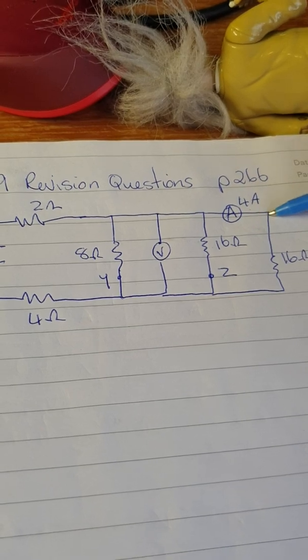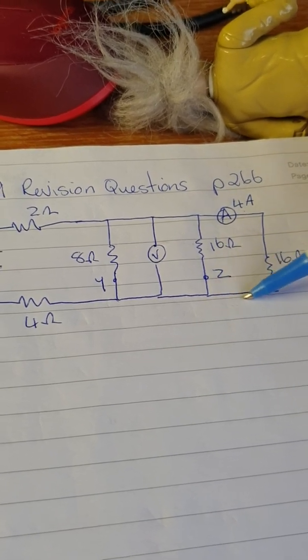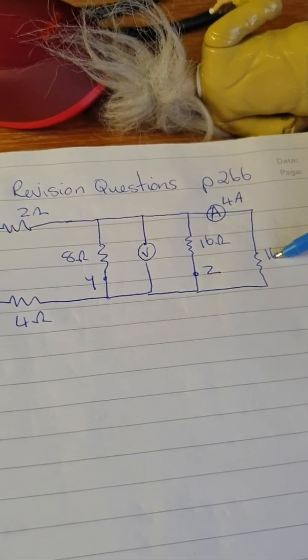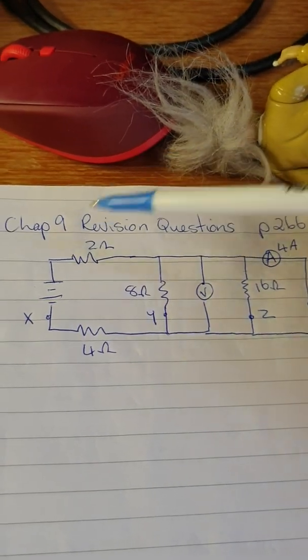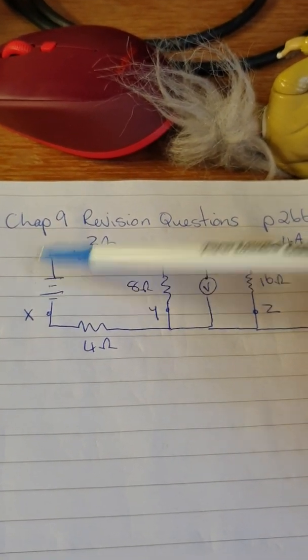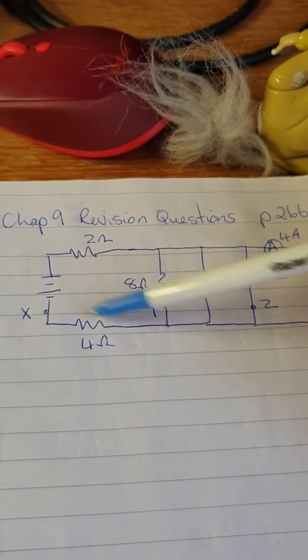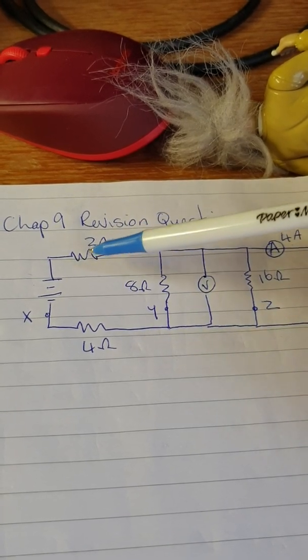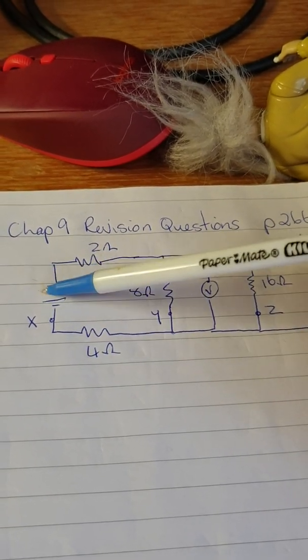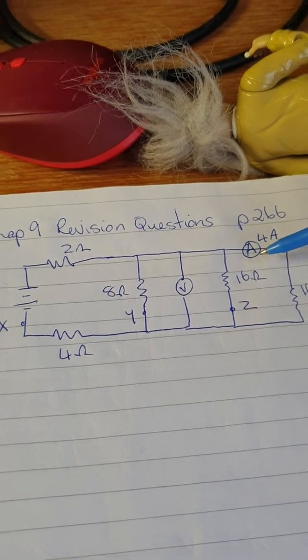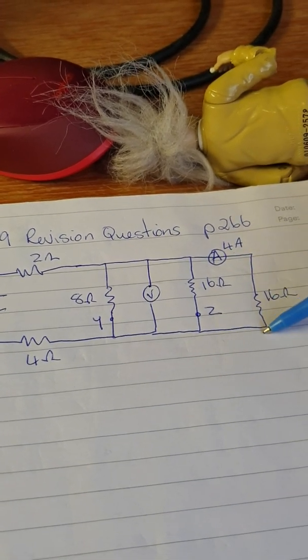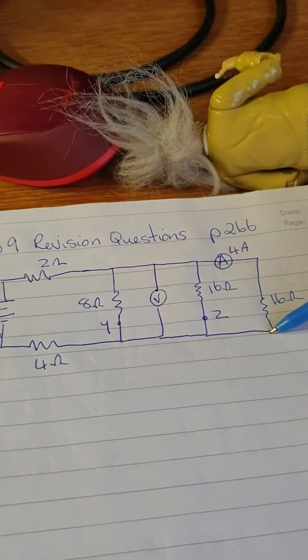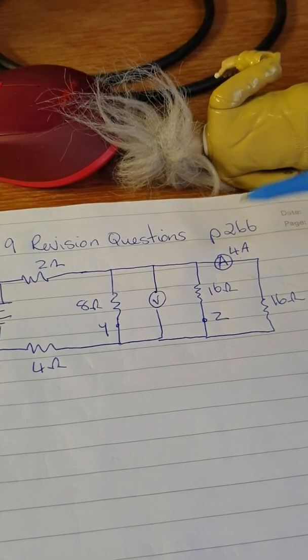Handily, we have one of the currents already. 4 amps has come in this little parallel part here through the 16 ohm resistor, but we don't know the voltage, so we're going to have to find out the total current and total resistance and then use that to find the voltage. So I've got 4 amps going through this 16 ohm resistor here.